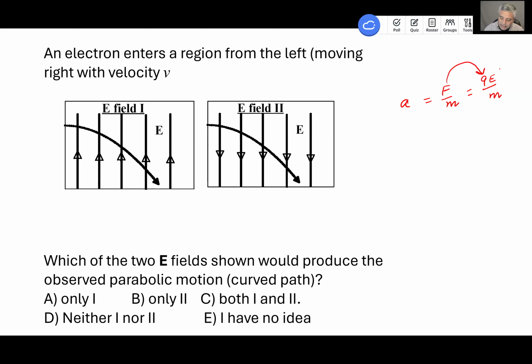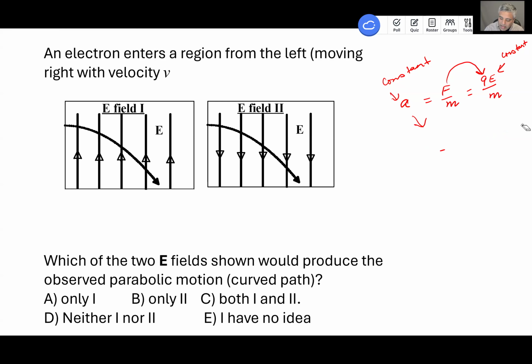And then after that, we said, okay, if the field is uniform, that means constant. When this is constant, then A is going to be constant, just like in a gravitational field, right? What's the acceleration in that case? Constant. Similar idea, okay?